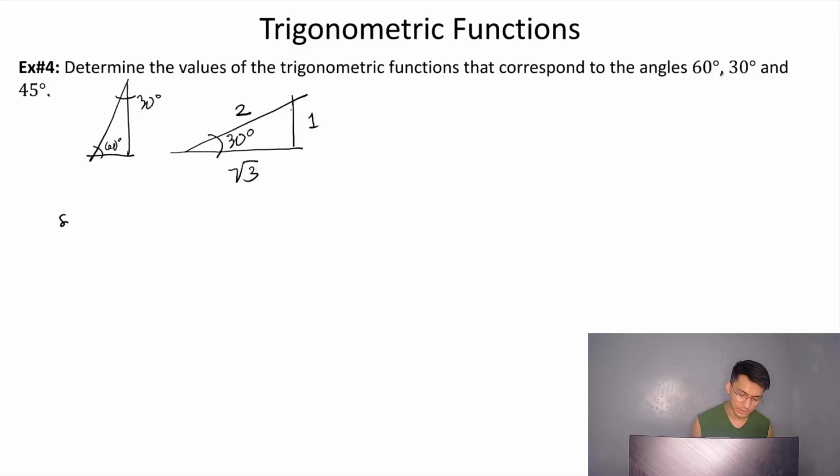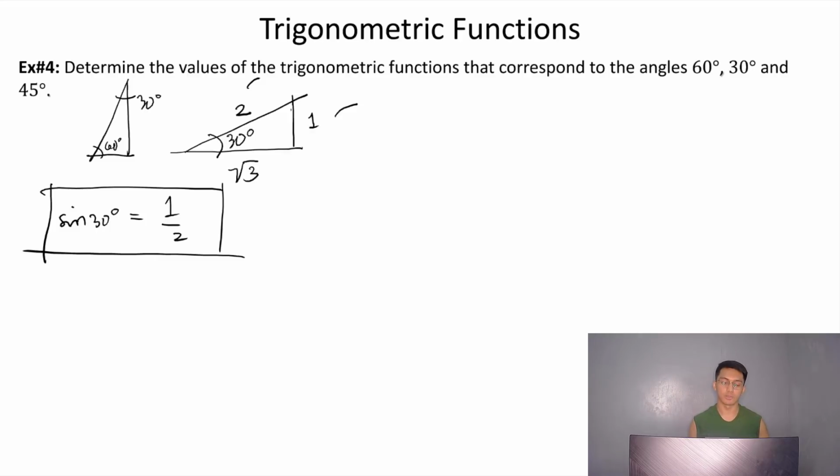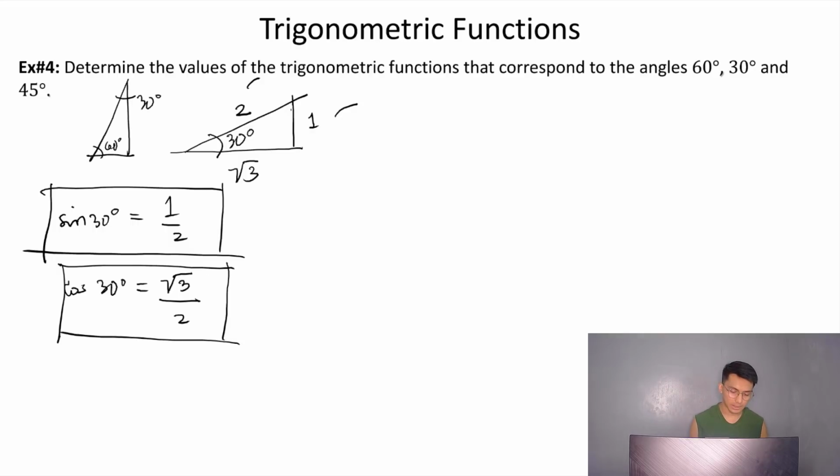For sine 30, opposite over hypotenuse, we have 1 over 2. Simply, ito na po yung ating sine 30. Next, for cosine 30 degrees, we have adjacent over hypotenuse. Adjacent na square root of 3, hypotenuse 2. Ito po ang ating cosine 30. For tangent 30 naman, we have opposite over adjacent.